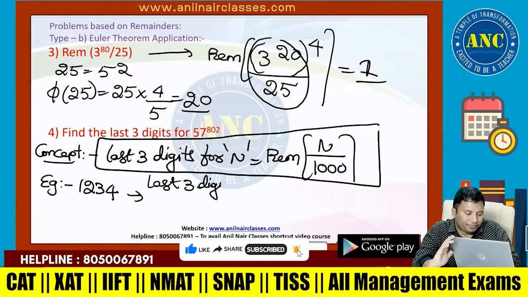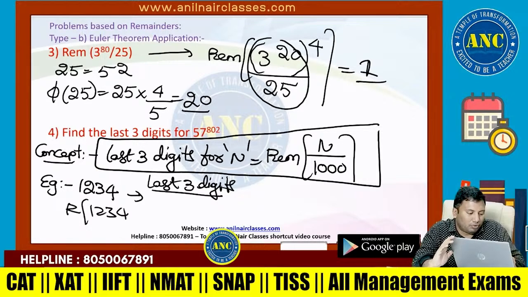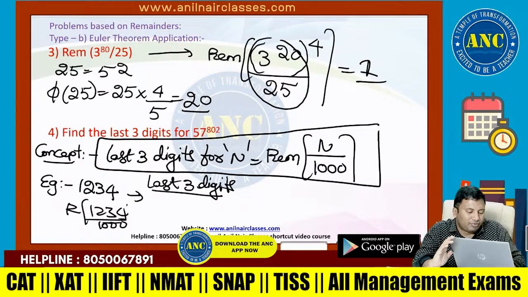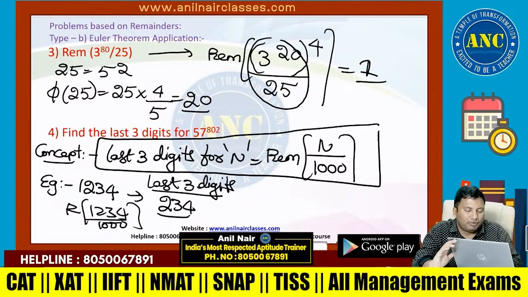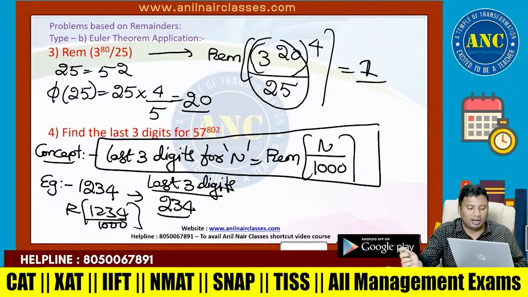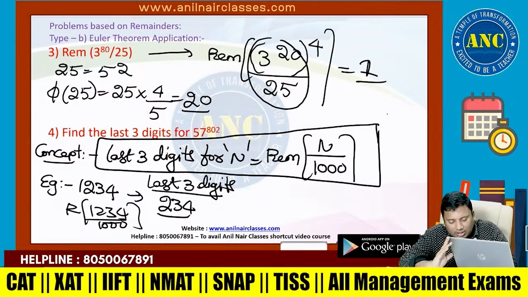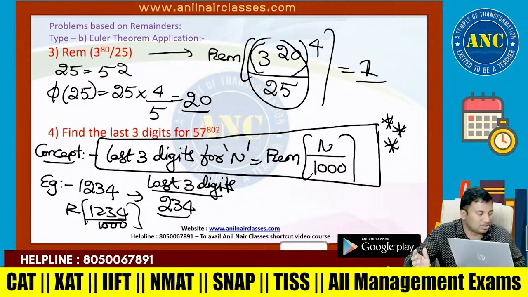For example, 1234 divided by 1000: 1000 ones are 1000, so the remainder is 234. The last 3 digits of any number is the remainder when you divide the number by 1000.